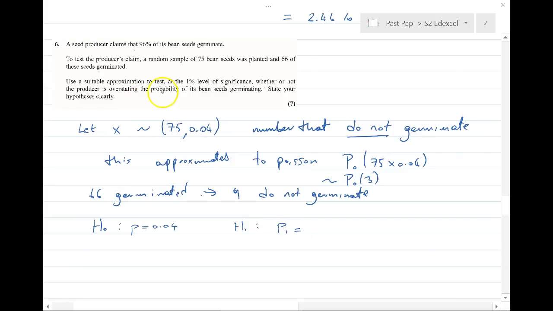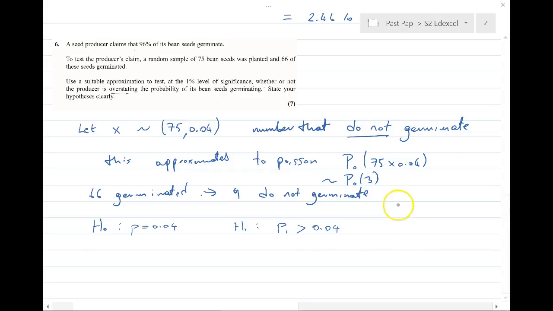The test here is one-tailed because of the word we have here, overstating, in other words, exaggerating the number of bean seeds germinated. So if we think that that's exaggerated, then we actually think the number that fail would be greater than 0.04 to germinate.